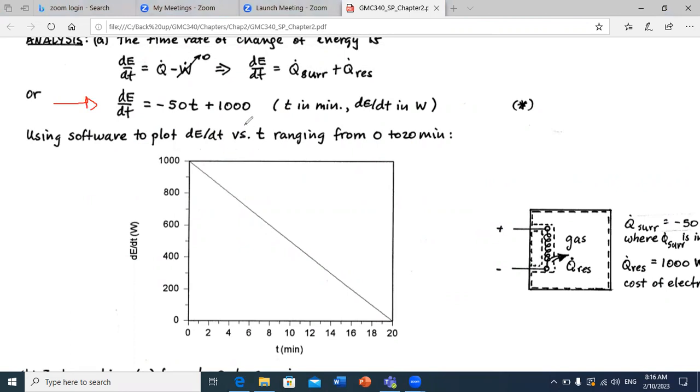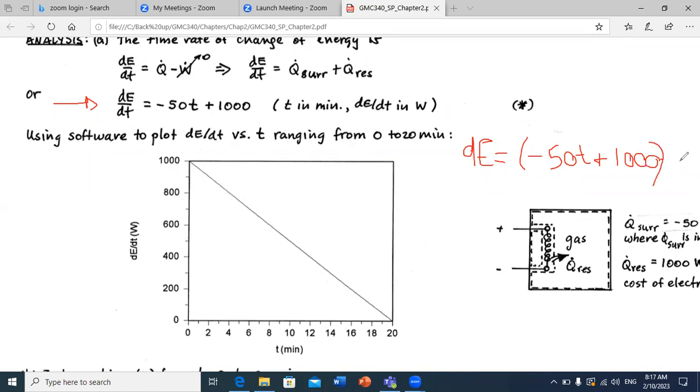We can do separation of variables. So we can write that dE is equal to minus 50T plus 1000 dt.